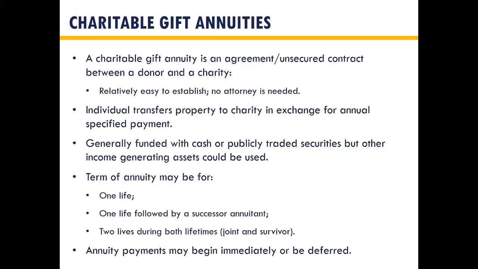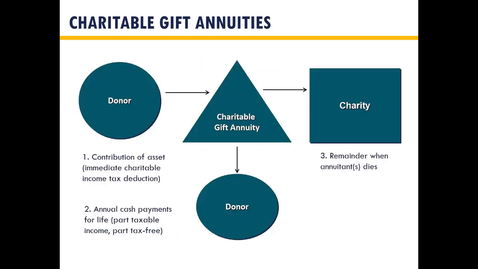But the first example of that split interest is that I give $1 million to my charity, but the charity turns around and gives me an income stream back based on my life expectancy. The intent would be that when I die, there's residue left over, and then that becomes the asset of the charitable organization. Just a visual example of how the charitable gift annuities work.